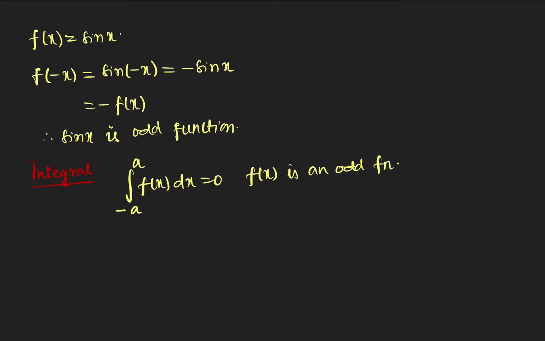So by combining the property of the integral in the case of even function and odd function, we can write this one as integration runs from minus a to a, f of x into dx can be written as 2 times integration runs from 0 to a, f of x into dx, if f of x is an even function, otherwise the value is 0 if f of x is an odd function.